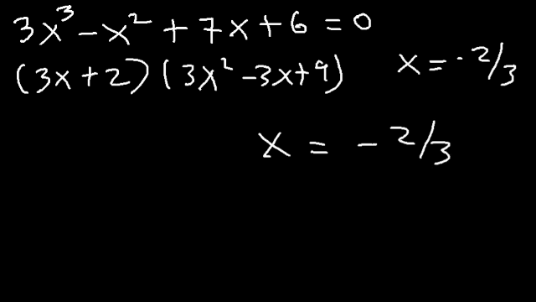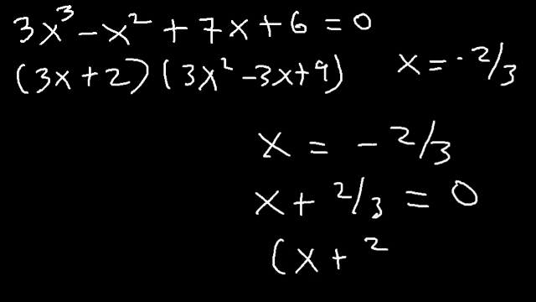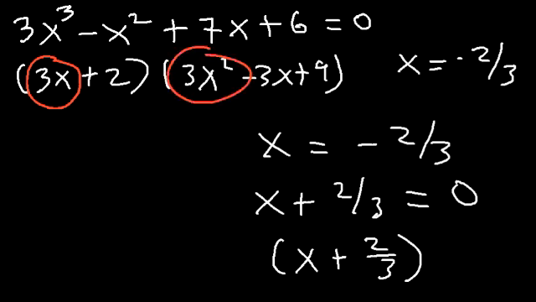Instead of multiplying by 3, let's add 2/3 to both sides. So we have this, x plus 2/3 is equal to 0. I'm going to use this as a factor. The reason being is 3x times 3x squared is 9x cubed, which is not 3x cubed. So we need to take that into account.